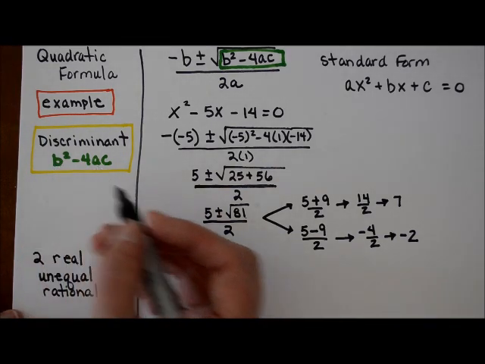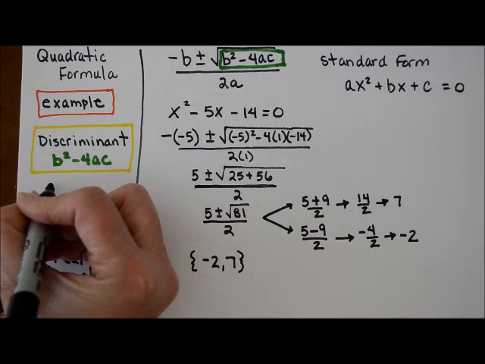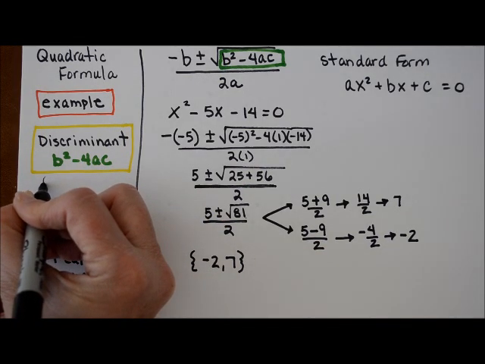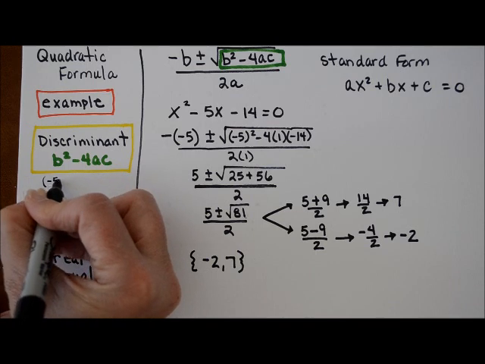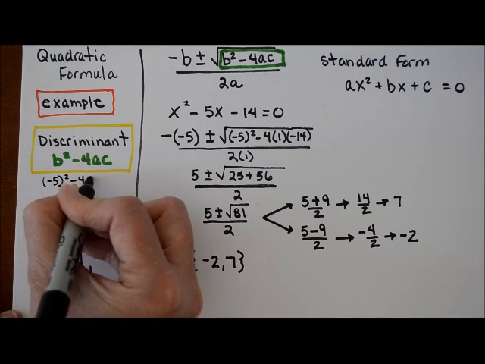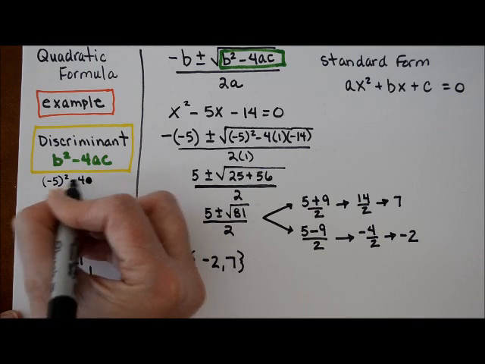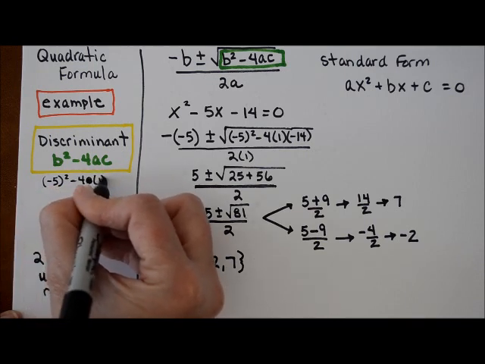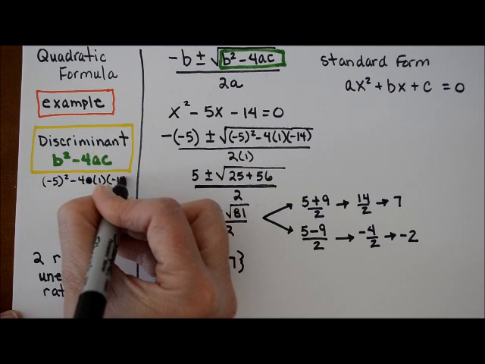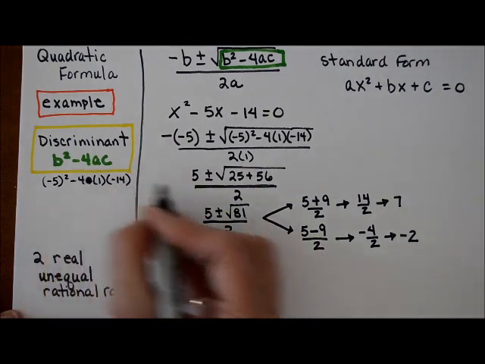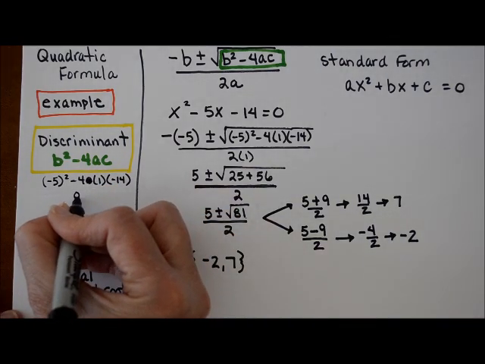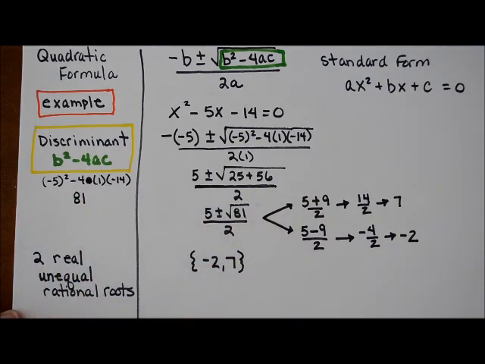Well, the discriminant in this case is, we did negative 5 squared minus 4ac. Oh, sorry, I want to put a number in. I'm going to have to scribble. 4 times 1 times negative 14. Okay, and that gave us, in the end, 81. 81 is a perfect square.